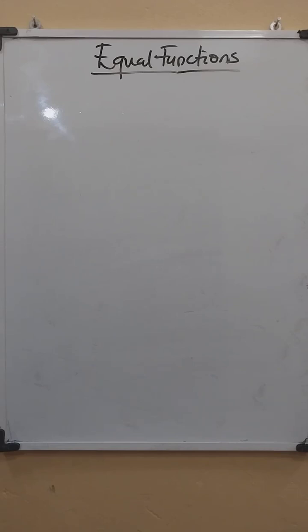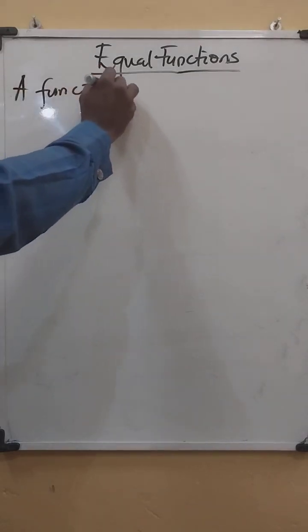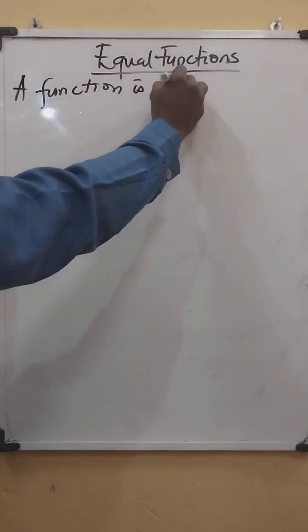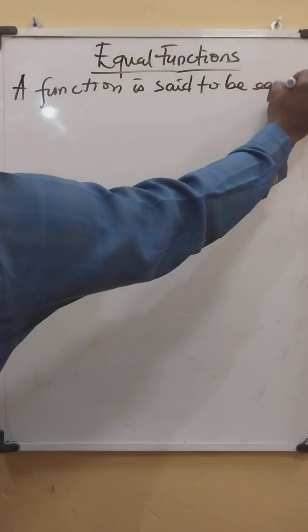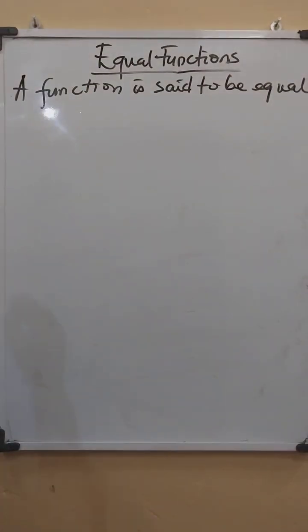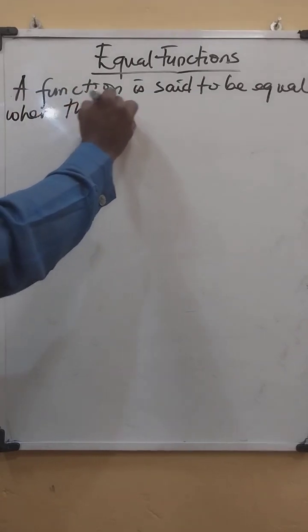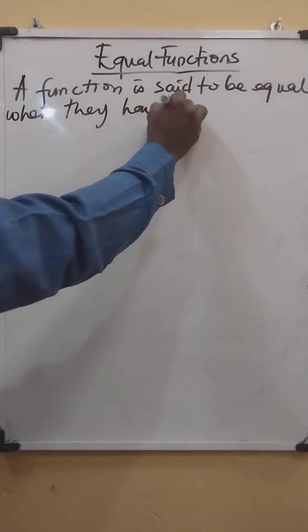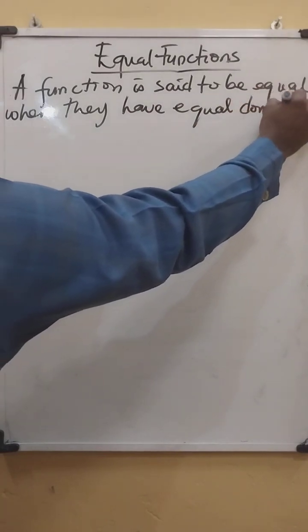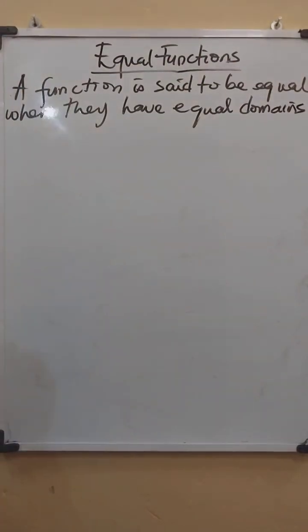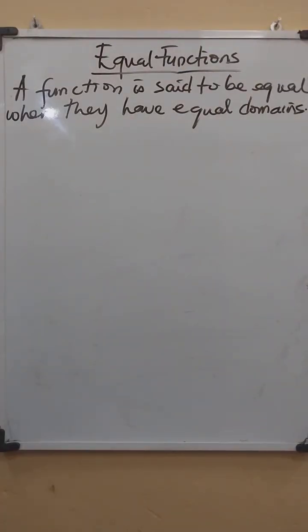A function is said to be equal when they have equal domains. See it now, they have equal domains.